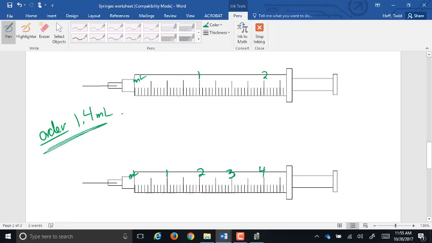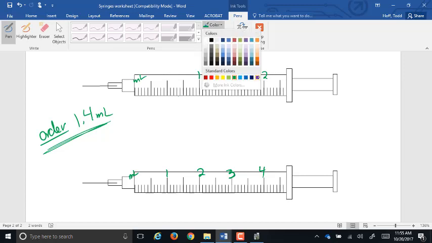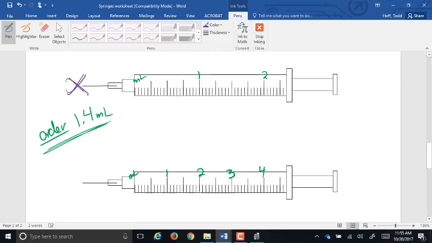So here's the order is given to give 1.4 milliliters of medication. Both of these syringes are capable of measuring out 1.4. Which syringe would you use? Why the top one? More precise, what do you mean? Okay.